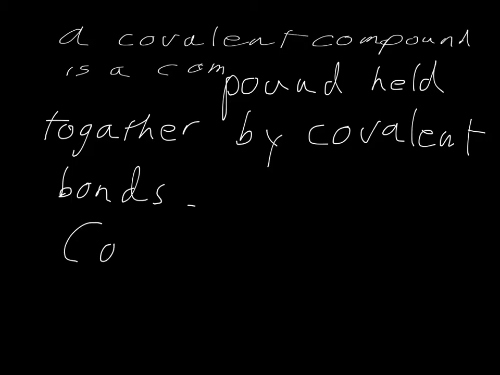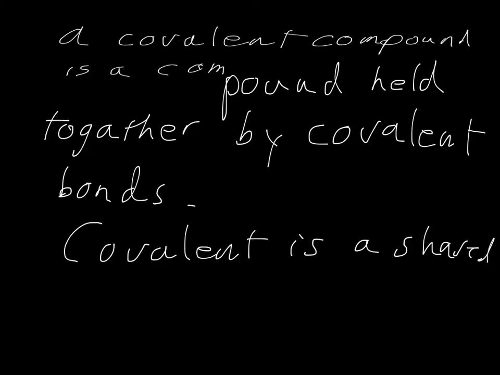And a covalent bond, of course, is a shared pair of electrons. It's a pair of valence electrons that have an equal probability, or at least a significant probability, of belonging to the nucleus of two different atoms.